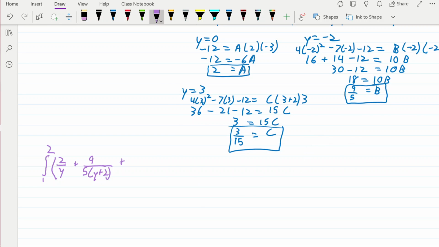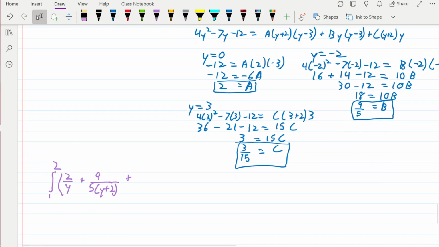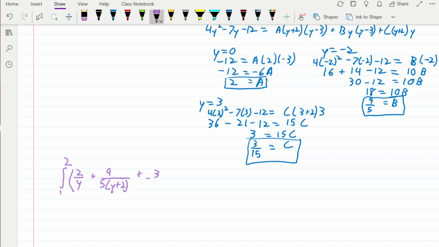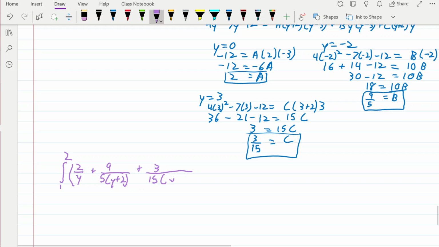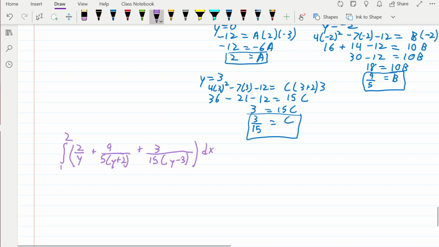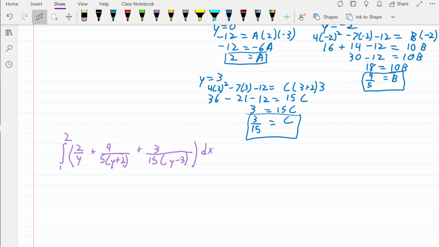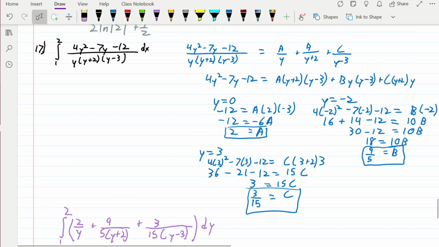Plus, and then we have 3 over 15 for C, so 3 over 15 times y minus 3 times dx. Or actually dy in this case, not dx. Yeah, I wrote that wrong.